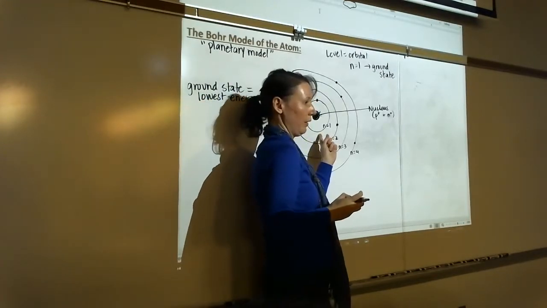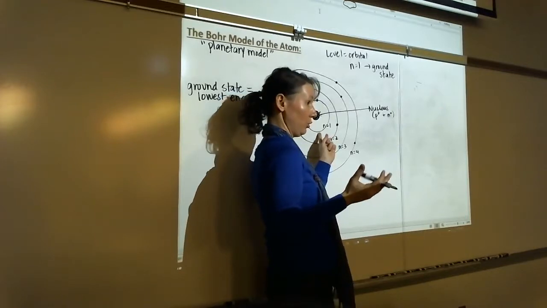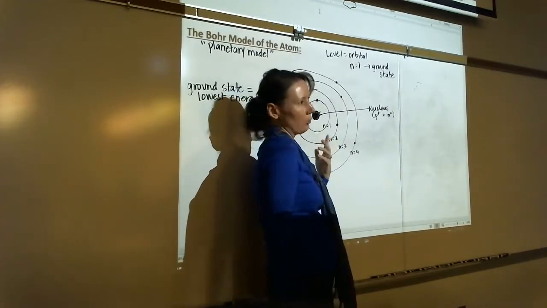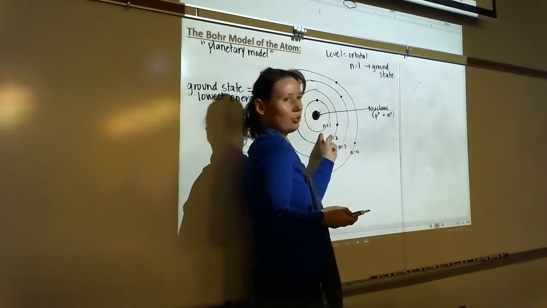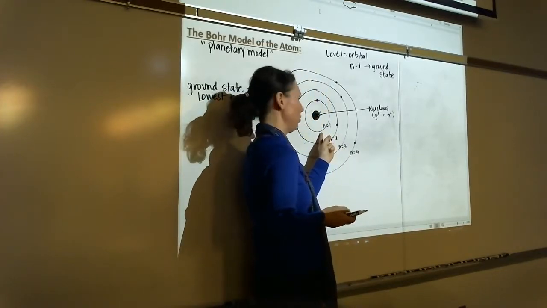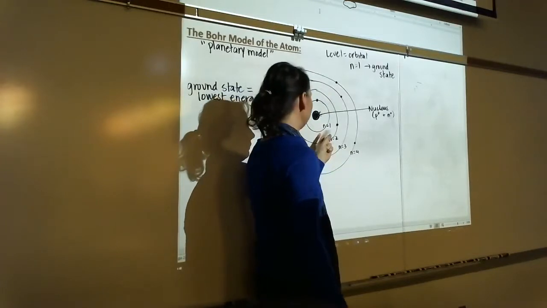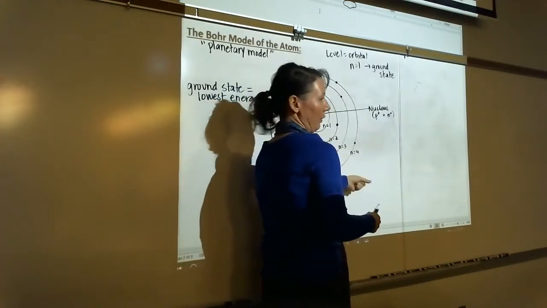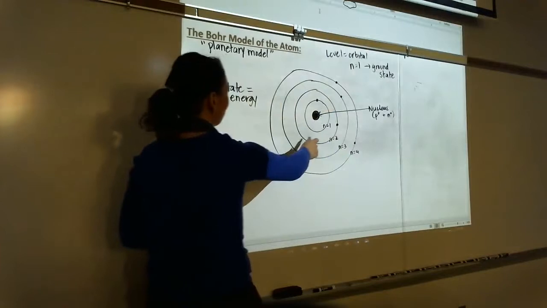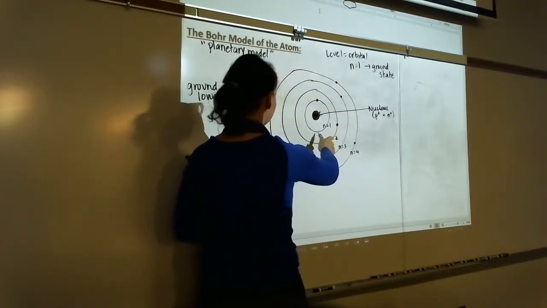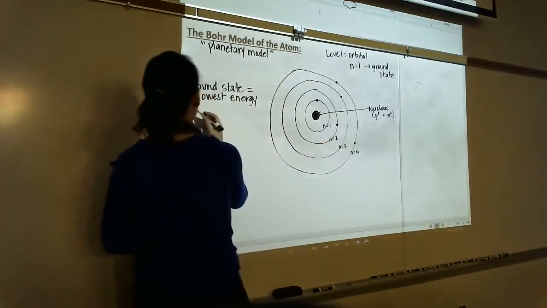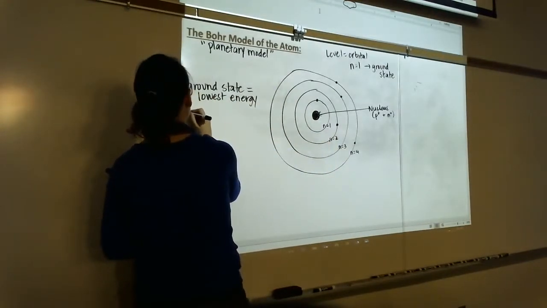Just like if I said, which takes more energy for you to do, lay on the couch and do nothing, or get on the treadmill and run? Laying on the couch doing nothing, that's ground state. That is you at your lowest energy level. Running on the treadmill, that'd be way up there. So each level you go up is higher in energy than the previous one, and energy must be put in.